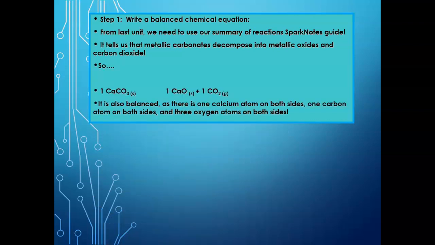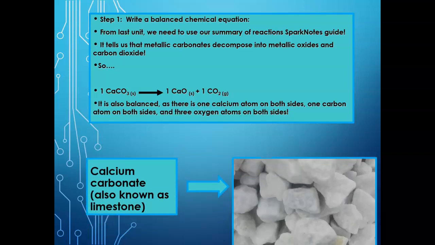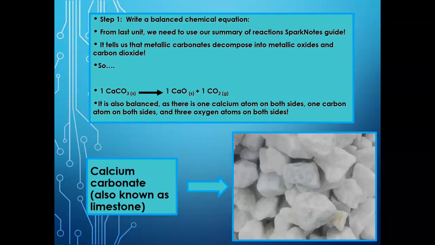So calcium carbonate is going to decompose into calcium oxide and carbon dioxide. Now if we check, we have 1 mole or 1 atom of calcium on each side. We have 1 atom or mole of carbon on each side. We have 3 oxygens on each side, so we are balanced. So in case you're wondering what calcium carbonate looks like, it's limestone.